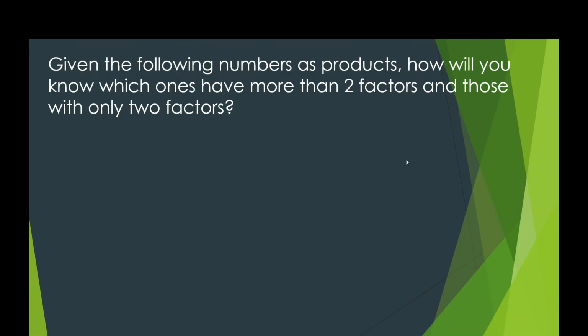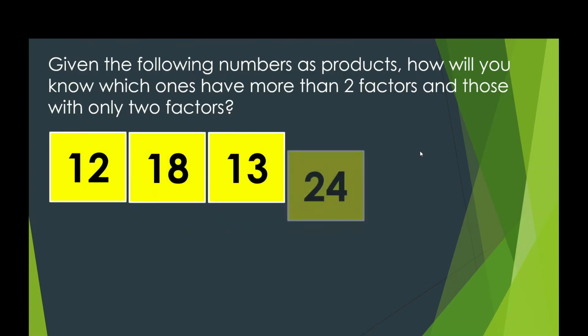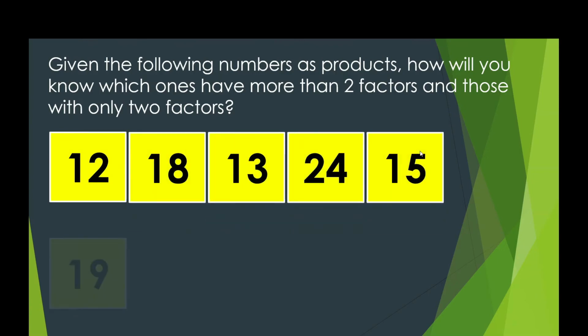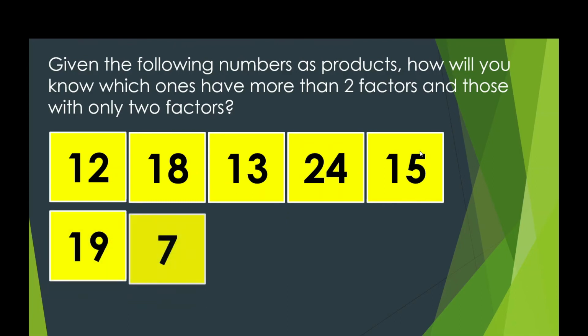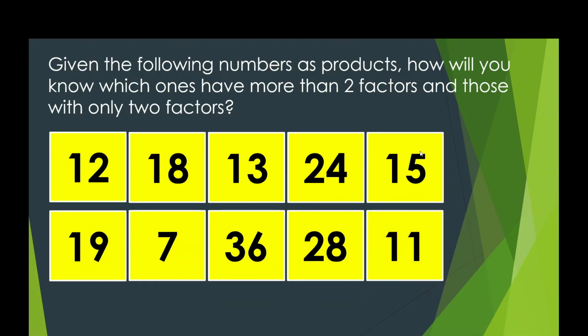So let us identify which of the following product numbers has more than 2 factors and which has only 2 factors. So we have 12, 18, 13, 24, 15, 19, 7, 36, 28, and 11.